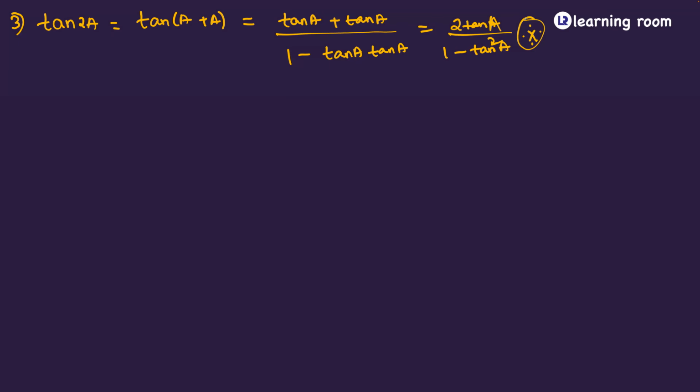Cot a into cot b minus 1 by cot b plus cot a. So replace b with a. What will you get? Concentrate, you will be able to get it. You people are not concentrating. Cot square a minus 1 by 2 cot a. You get cot square a minus 1 by 2 cot a. Okay. That's anyways not considered as the identity. Only these 3 are taken into consideration.